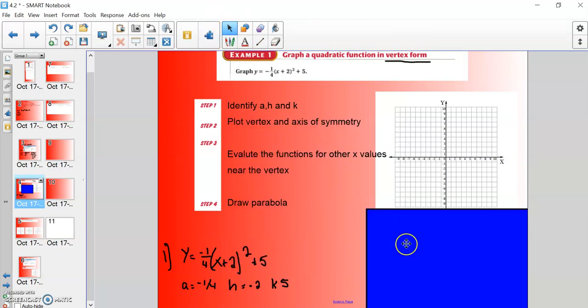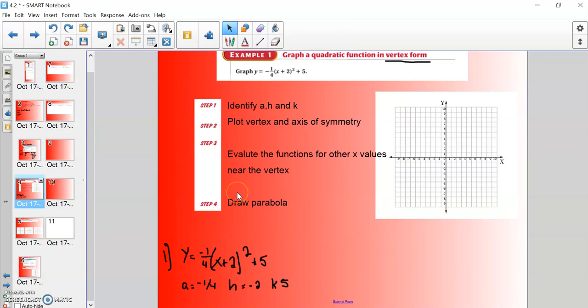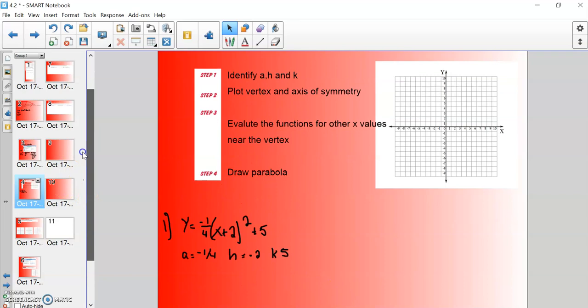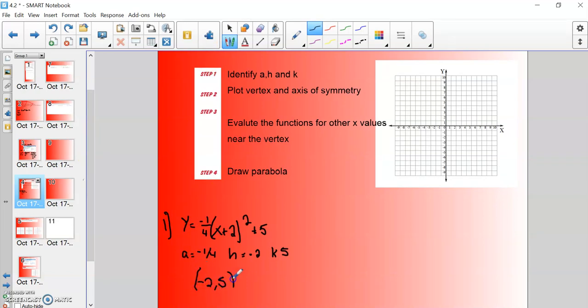Step 2, and I'm going to move this out of the way to get to the graph. Step 2 is to plot the vertex and the axis of symmetry. If we go back to our step 1, if the H is negative 2 and K is positive 5, then the vertex is at negative 2, 5.